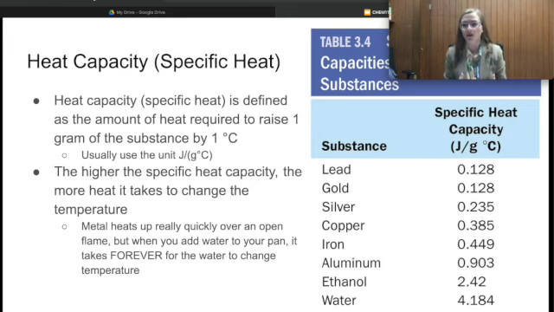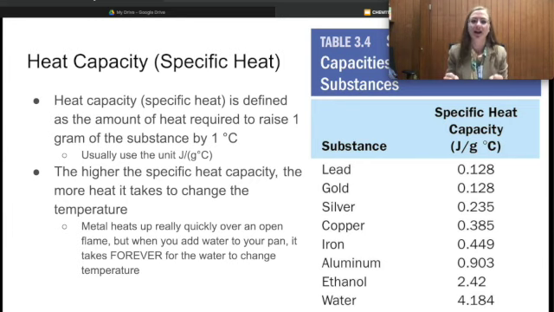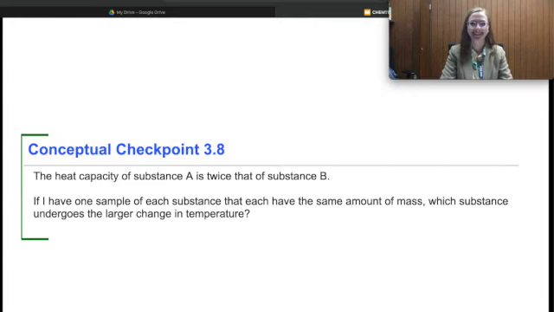So it takes a lot more energy being transferred into that water than it does the metal of the pan. That's why we use metal pans, because they transfer heat very easily. But that's why it takes longer for your water to boil than it does to heat the metal pan.